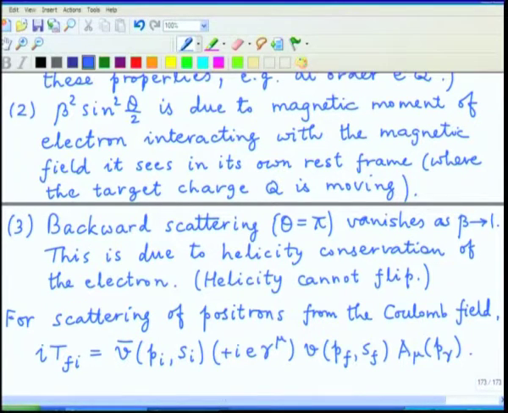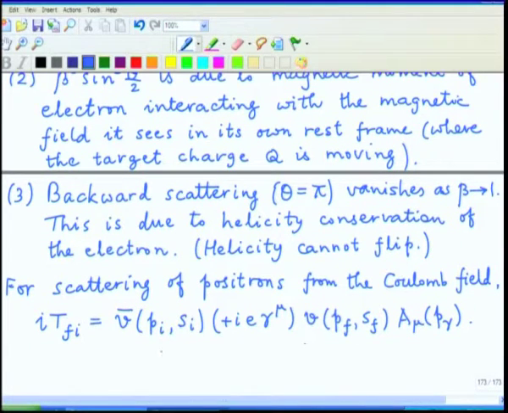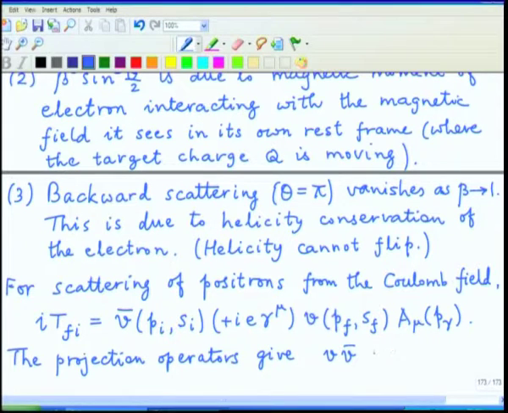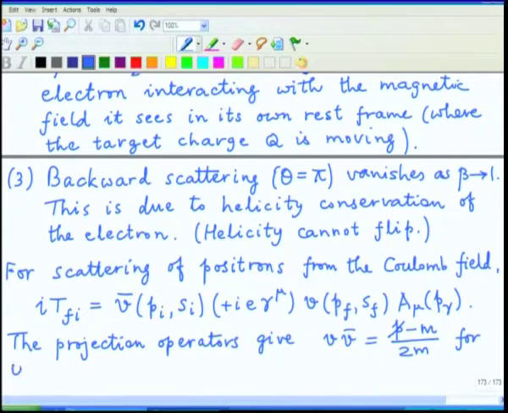So, the same structure appears, the kinematics is the same, and the only thing which will come from these new wave functions is products of the order of v times v bar, and so the projection operators give this v times v bar equal to (p slash minus m) by 2m, and this is again for unpolarized scattering.